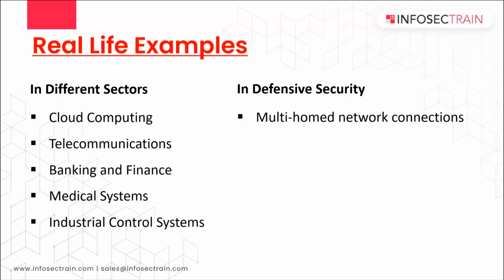In multi-homed network connections, a device is connected to multiple internet service providers for redundancy. This can provide an additional layer of security by ensuring that if one ISP goes down, the network can still operate through the other internet service provider.